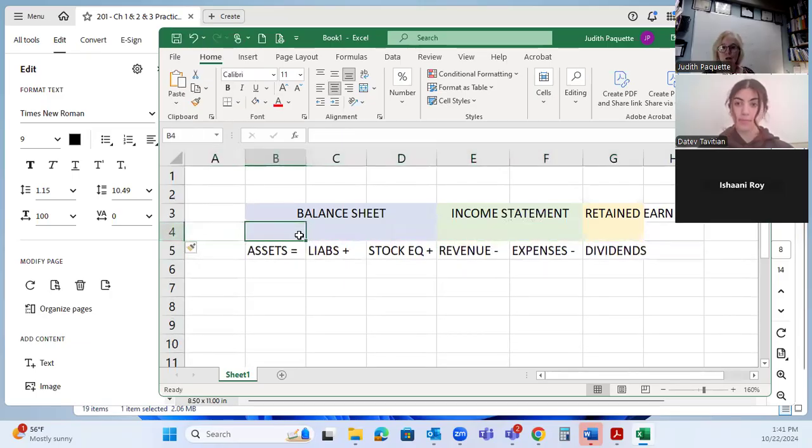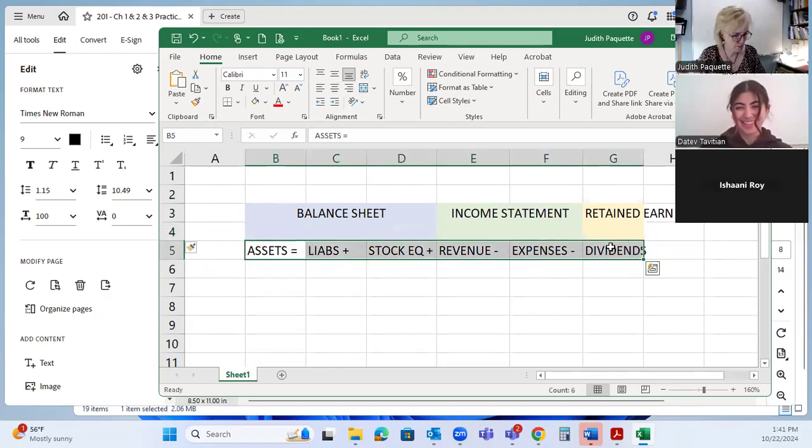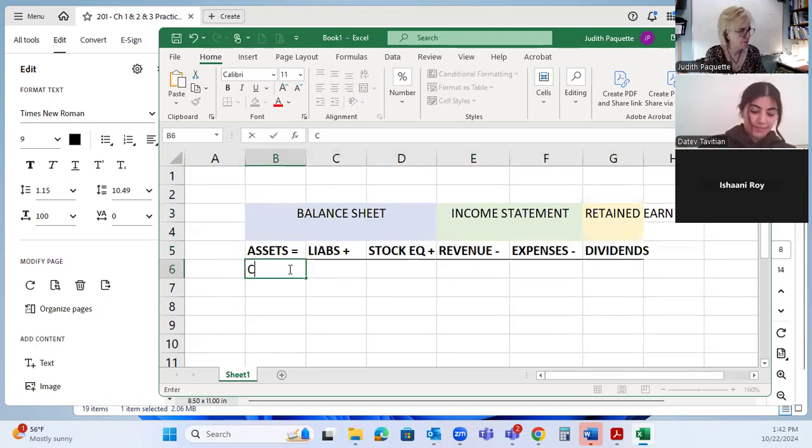So now let's go back to assets. What's an asset's normal balance? Give me a common asset. Cash. Cash, easy one, right? Everybody knows that one. So under assets, we'll have cash, and that's always going to be listed first.